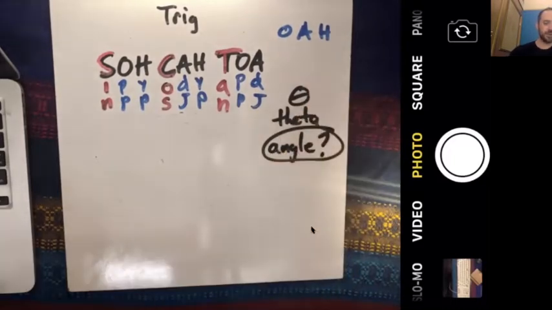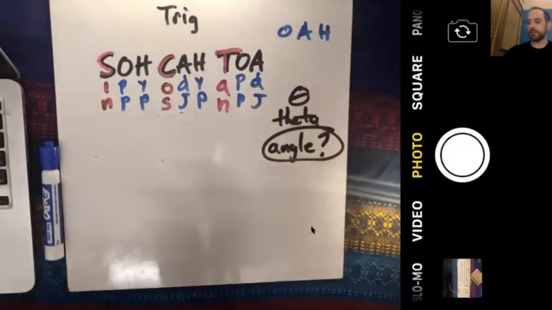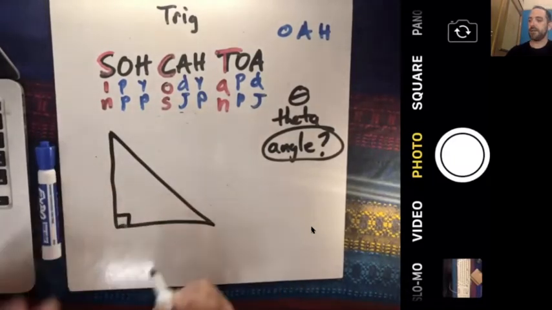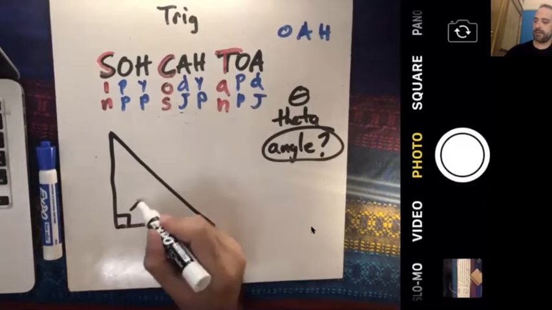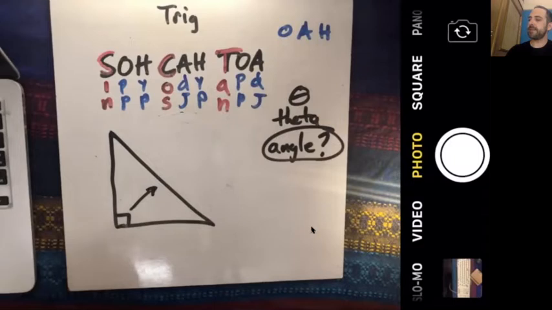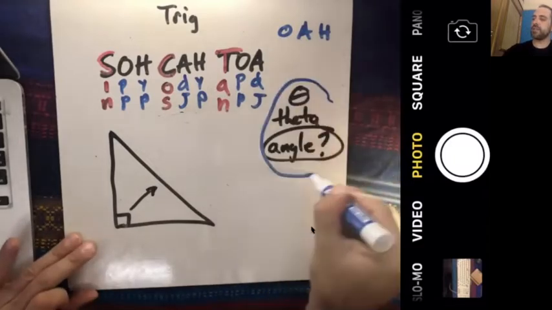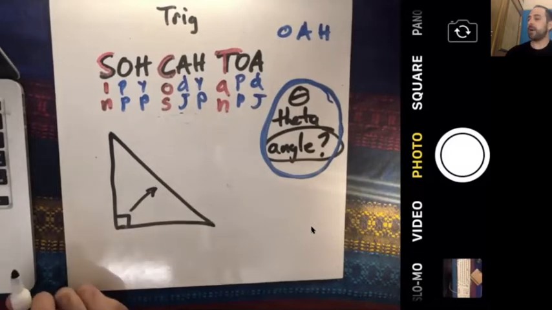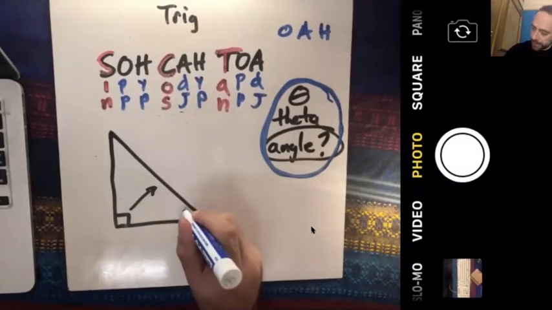So for instance, let's look at what I mean by that. If I have a right triangle like this, right? First off, you want to always look first. Where is my theta? Where is my theta? Because you can get the entire problem wrong if you assume, okay? So I'm going to go ahead and put theta right here.